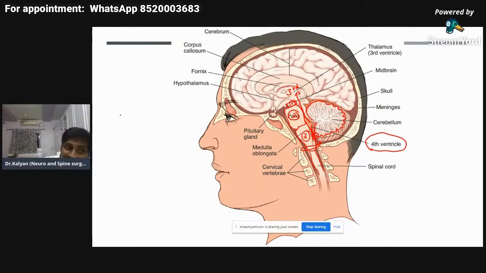As last time, again we will draw a schematic diagram. This is actually the same thing which I have told you before. So we have the brain, which is the cerebral hemispheres, and we have the spinal cord.